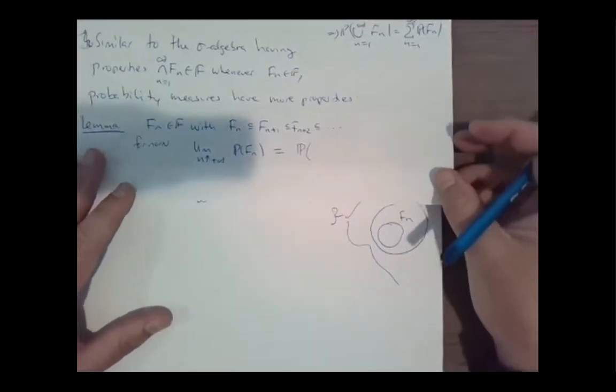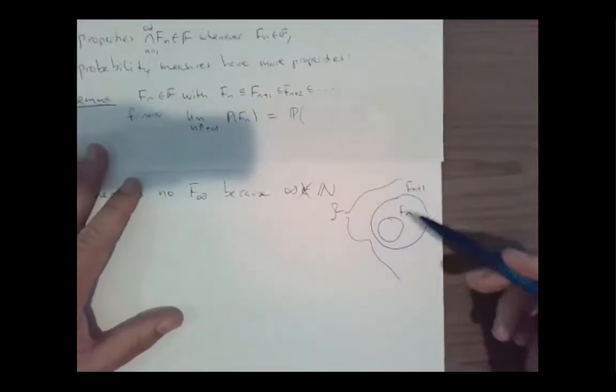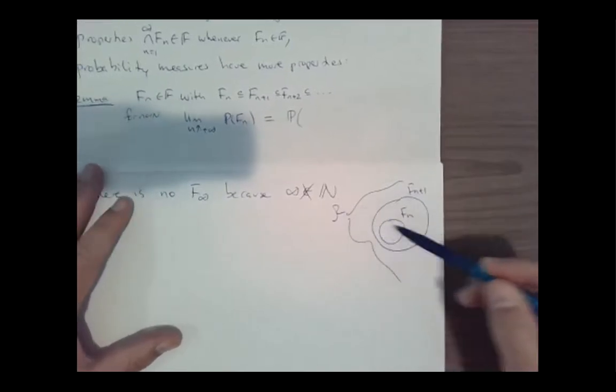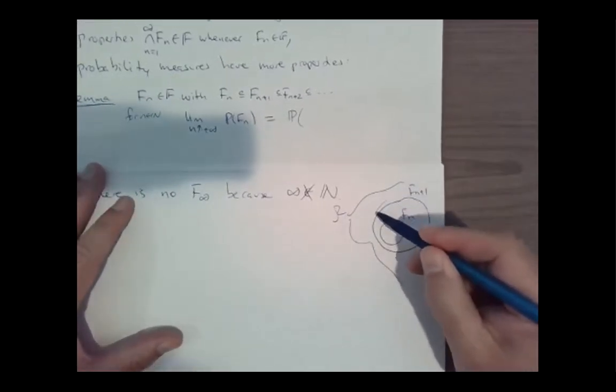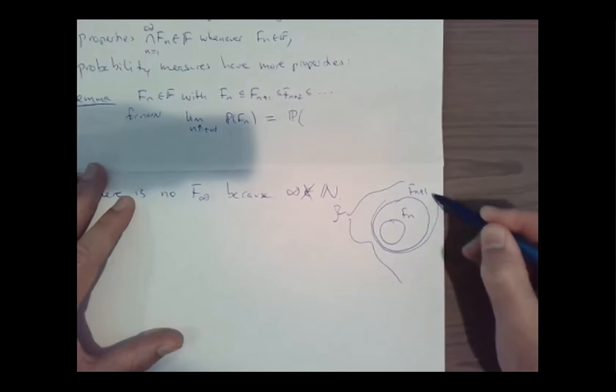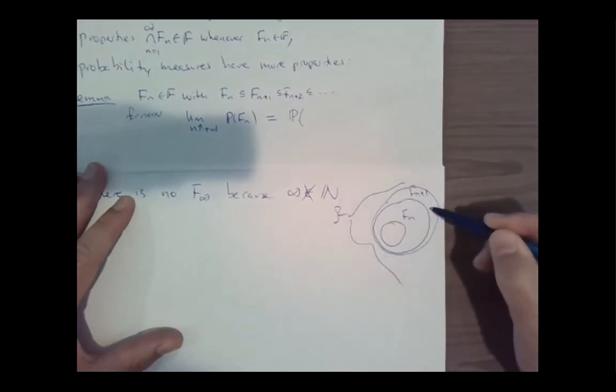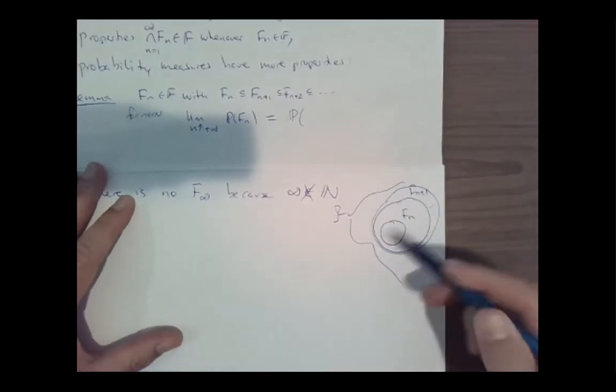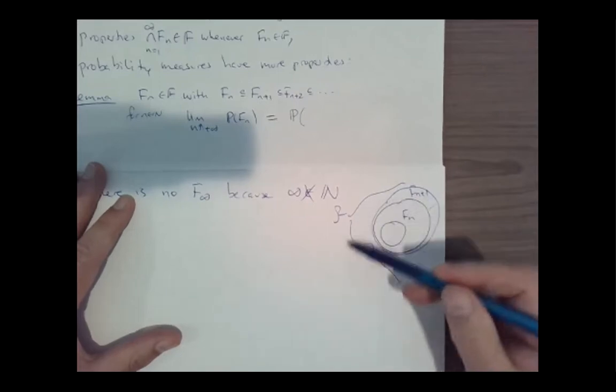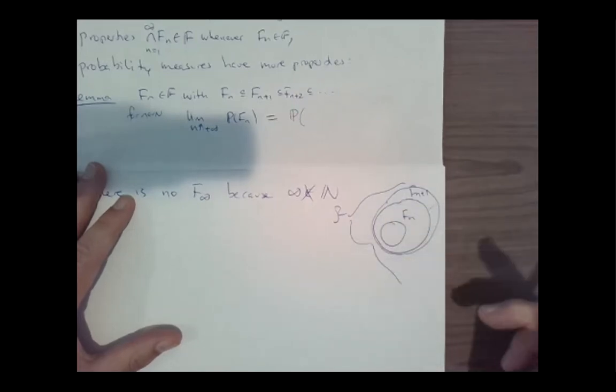Not necessarily. There's no guarantee that we're going to get omega, because they could stop here, right? They could grow up to this one, smaller and smaller. We don't know that the Fn's are going to fill up the entire space.